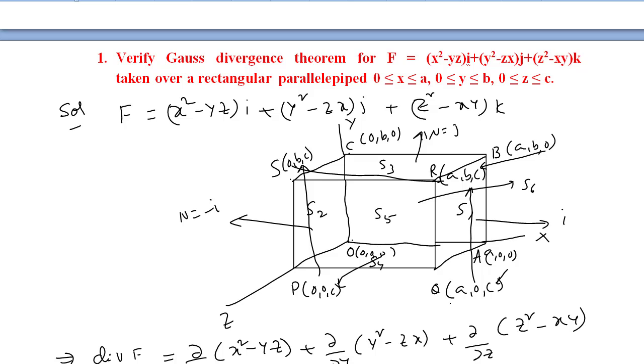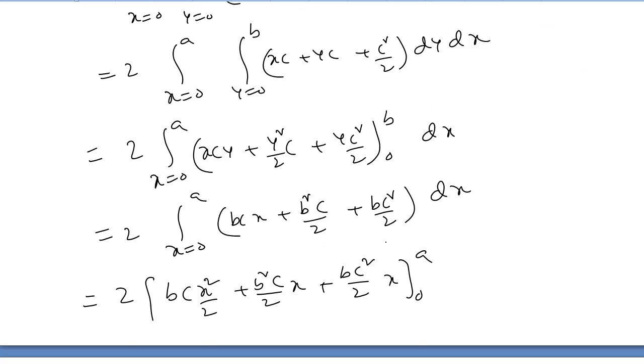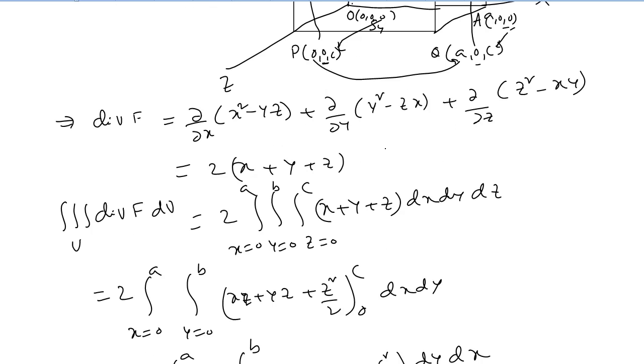Here y equals 0. Along the x axis 0 to a, along the z axis 0 to c. The unit outward normal is n equals minus j.